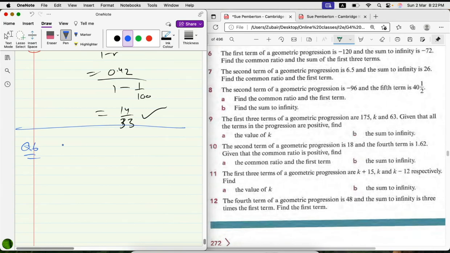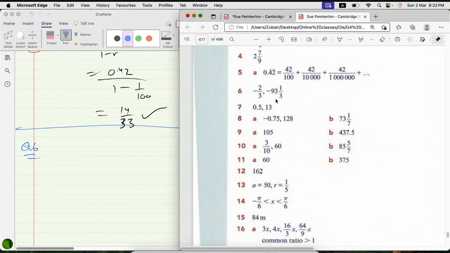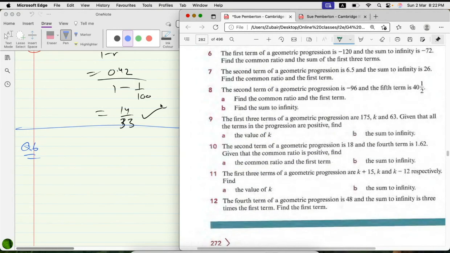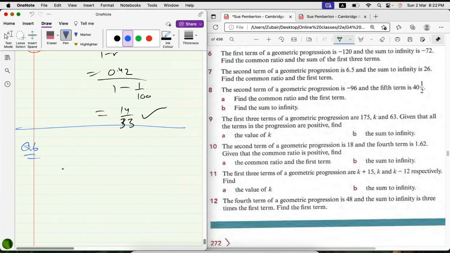Common ratio is minus 2 by 3, and the sum of the first three terms is 280 over 3. The first term of the geometric progression is minus 120 and the sum to infinity is minus 72.